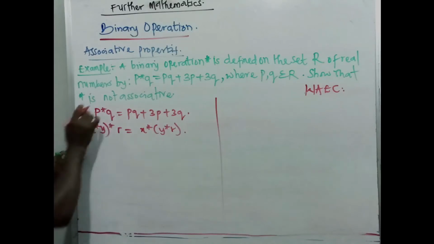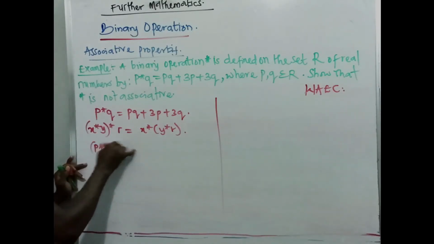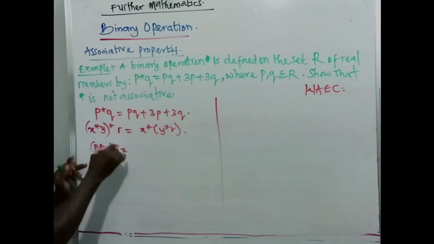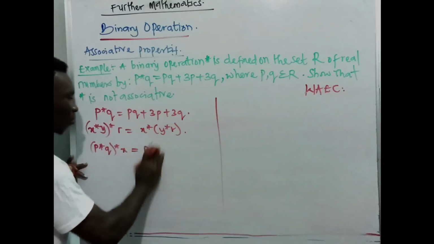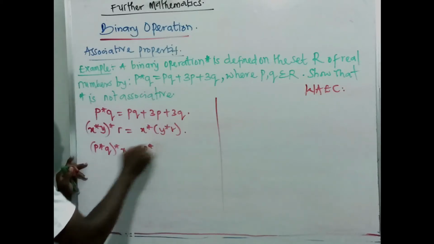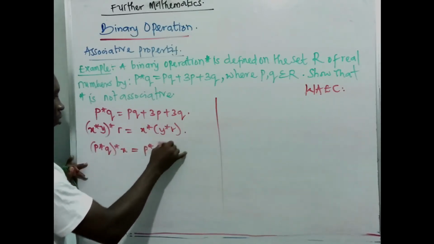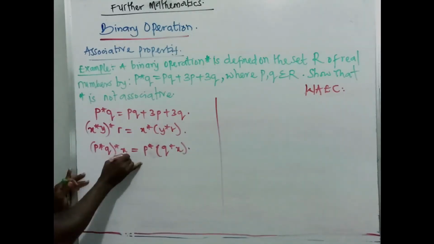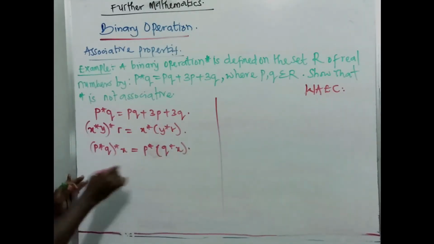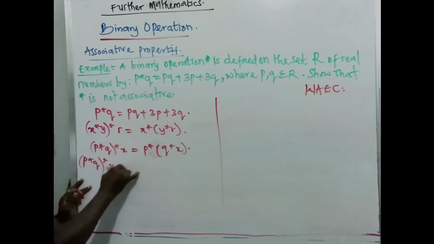Now let us say this: P asterisk Q asterisk S is equal to P asterisk Q asterisk S, grouped the other way. Now let us solve for this and solve for this and check if they are both equal. So P asterisk Q, asterisk S.